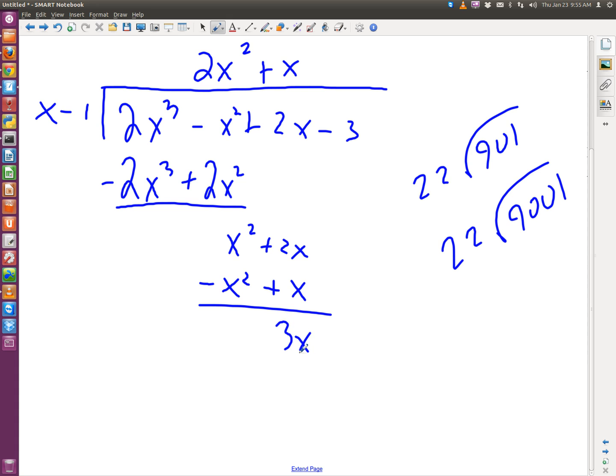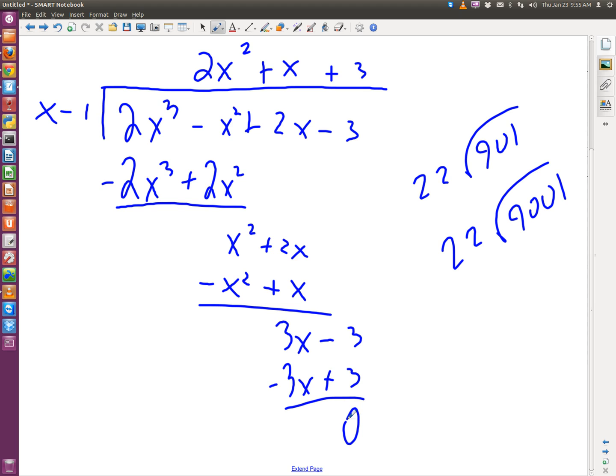Then bring down -3. Then you divide. X into 3x goes 3, because 3 times x is 3x, and 3 times -1 is -3. Then you're going to add the opposite, and guess what you get? The remainder should be 0. So that's the other factor.